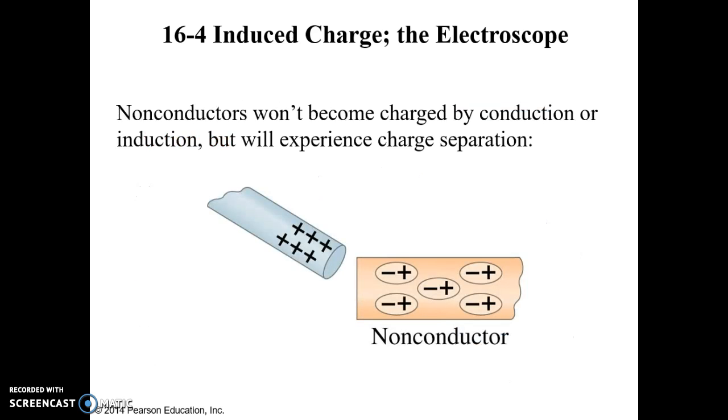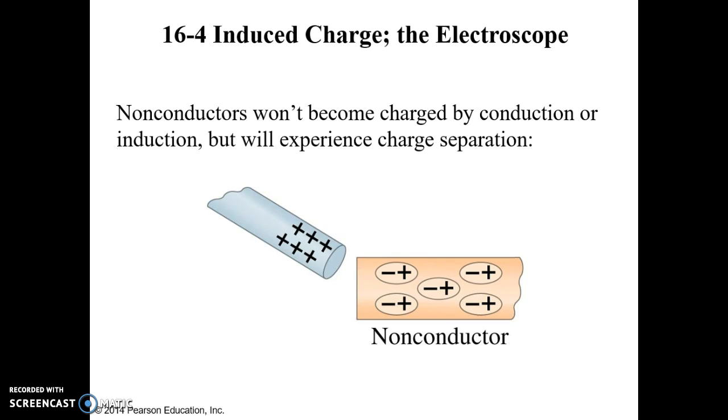Now, charge separation can also be done in non-conductors or insulators. If you bring a positively charged object close to a neutral insulator, almost no electrons can move about freely, but they can move slightly within their own atom or molecule. So each oval represents a molecule.